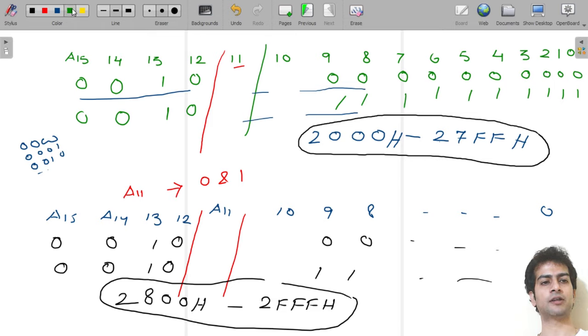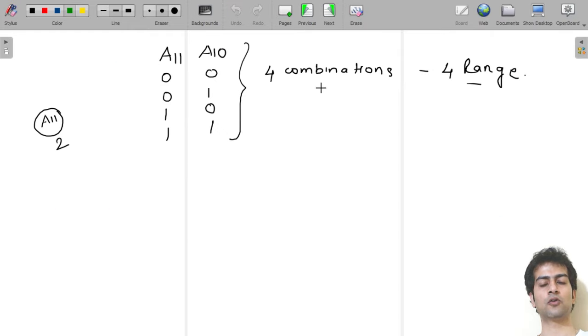Then first we would have taken 00 and found the range, then 01 and found the range, then 10 and found the range, and then 11 and found the range. So we would have got four combinations and four ranges.